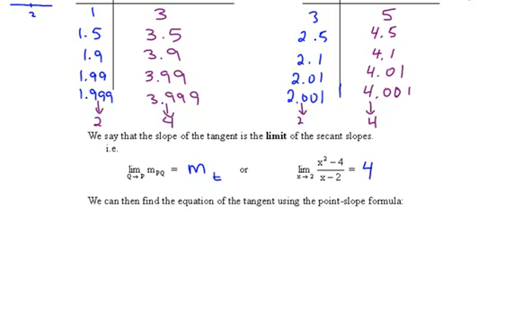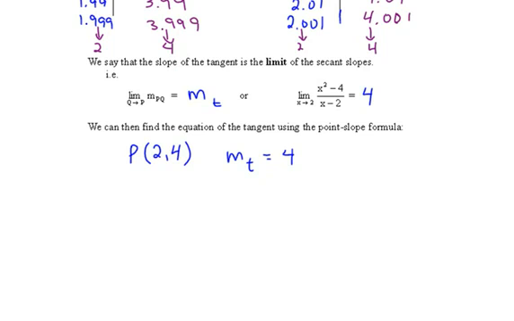Okay, so it wants the equation. So we know the point was 2, 4. What's our slope of the tangent? 4. So can you find the equation now? In general form. Which formula? y minus y1 equals m times x minus x1.